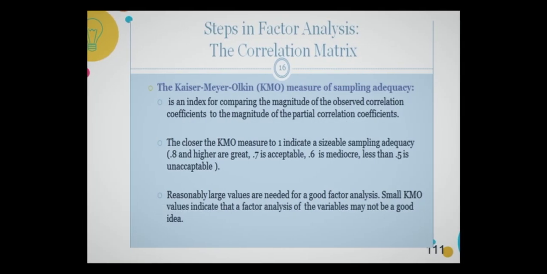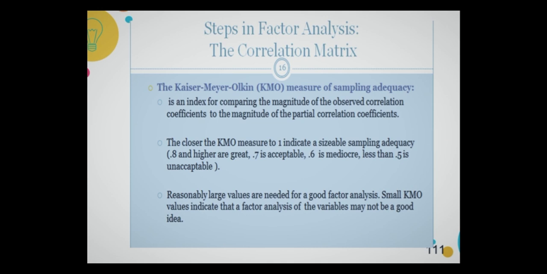The second method to check whether we can proceed with the factor analysis or not adalah using the value of KMO, which is the Kaiser-Meyer-Olkin measure of sampling adequacy. It is an index for comparing the magnitude of the observed correlation coefficients to the magnitude of the partial correlation coefficients. So kita nak tengok correlation matrix jugalah, whether there is correlation between the variables.